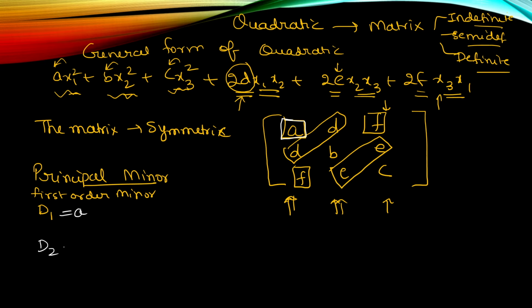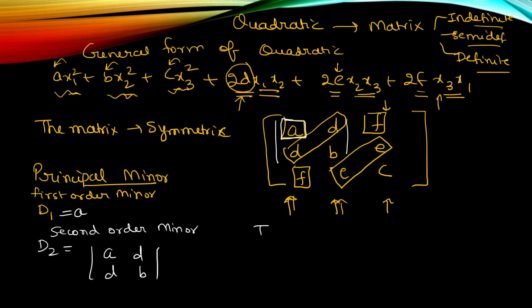Then you will find the second order minor. This second order minor will be the determinant of the 2 by 2 matrix. Then you will find the third order minor.